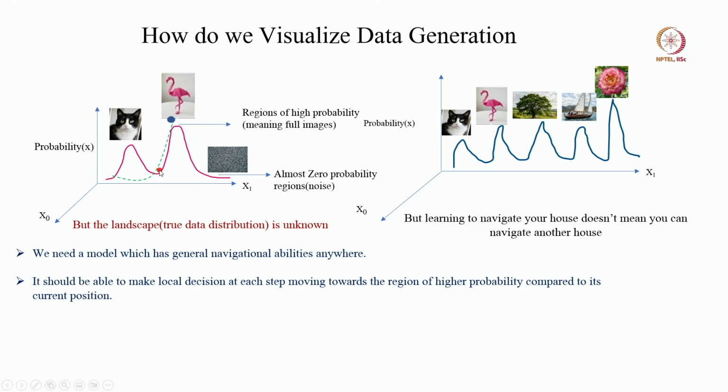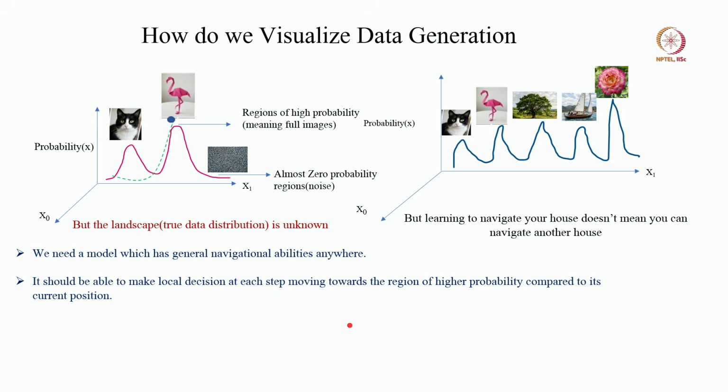So, what should be my next step? That is what I mean when I say that it should have general navigational abilities. That means, suppose it is standing here, and then should it go this side or this side or this side, it should be able to make a decision on its own. Okay. So, it is like a compass.